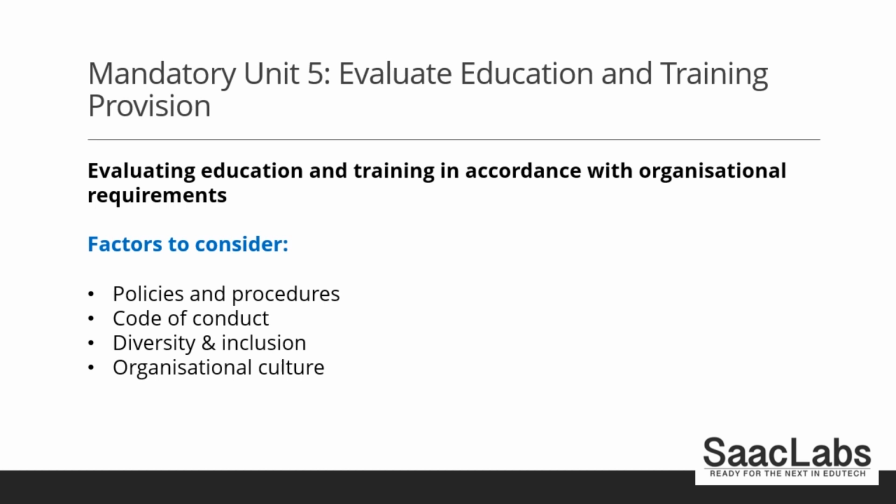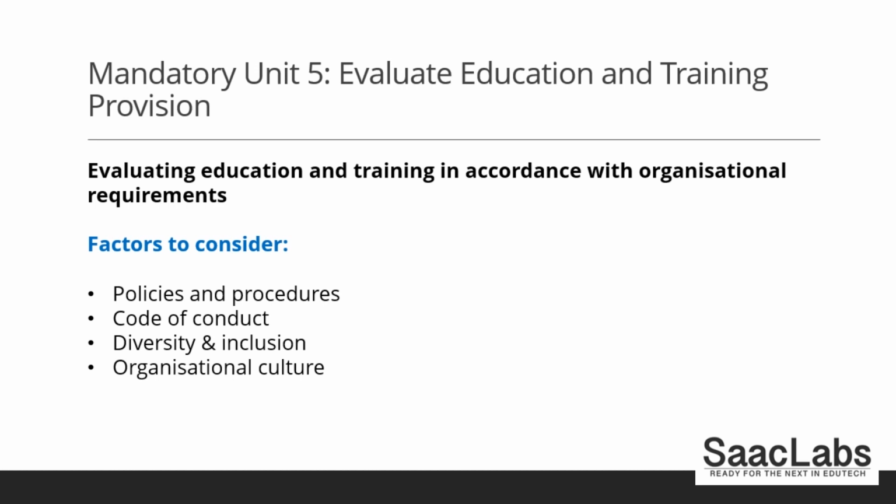Diversity and inclusion is quite a big topic here in the UK, and this is something that we're going to talk about as well. How do we ensure that we create an environment that is inclusive for all the learners?